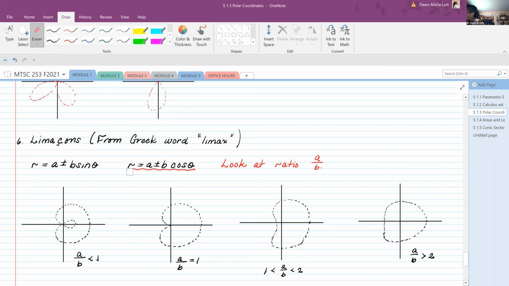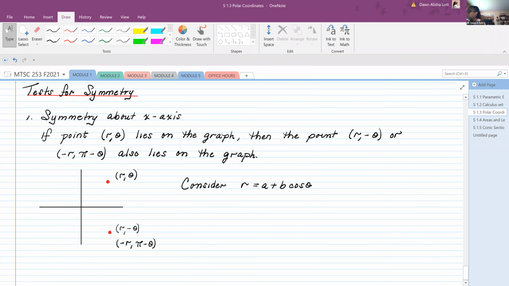Let me go back. I think these are the signs. And I'll tell you why right away, because I can see that the cosine of theta is not symmetric. Okay, so let's try it again. So let's consider this.